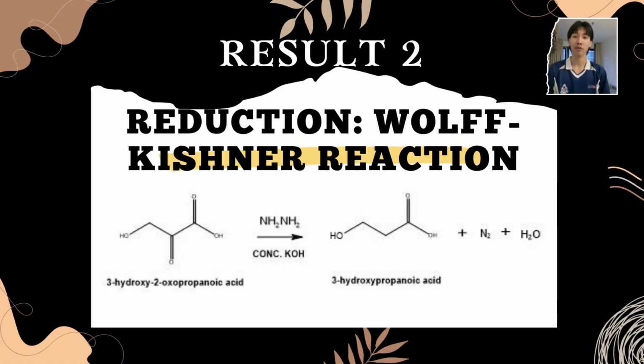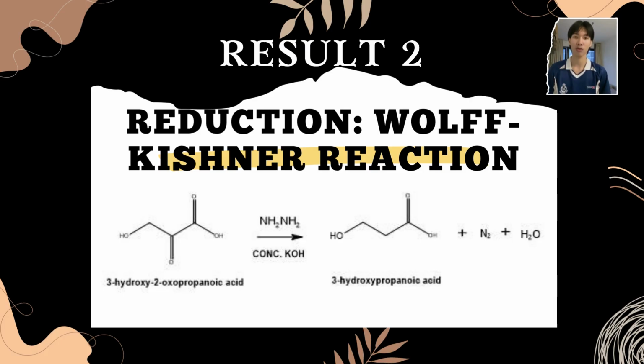Let's explore a chemical transformation unlike the previous oxidation reaction. This one involves a reaction specifically using the Wolff-Kishner method. This molecule has a carboxylic acid at one end, a ketone at carbon 2, and a hydroxyl group on carbon 3. The ketone here is the target for this reduction. When treated with hydrazine in concentrated potassium hydroxide, the ketone undergoes complete reduction.